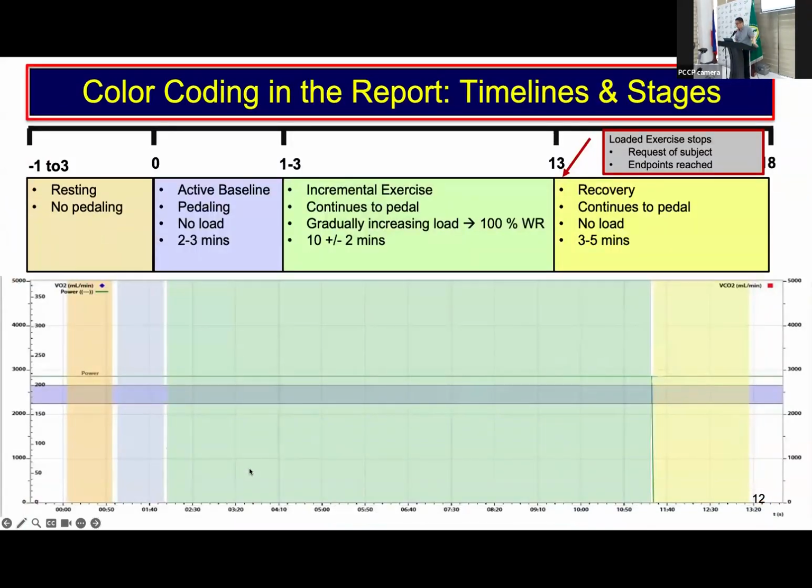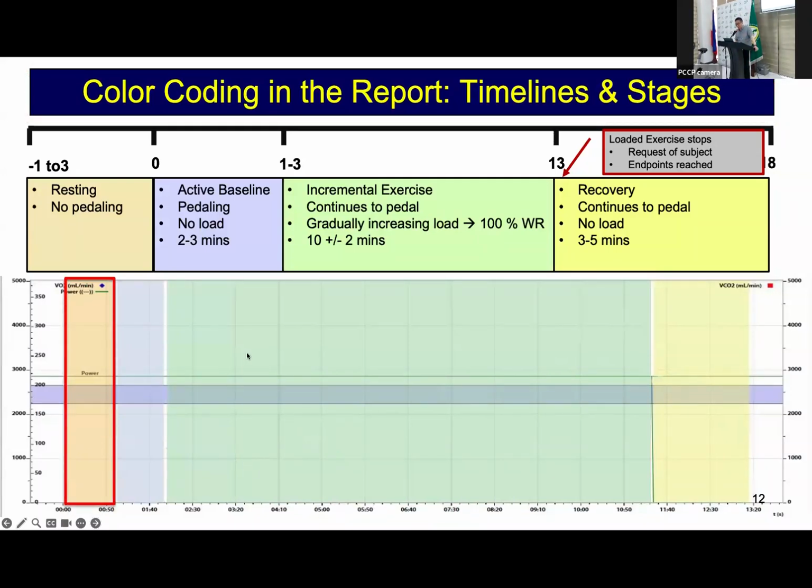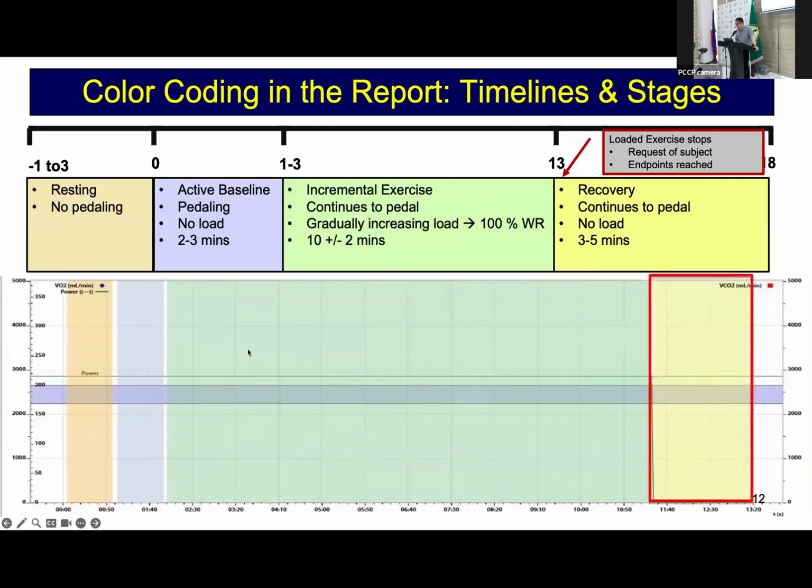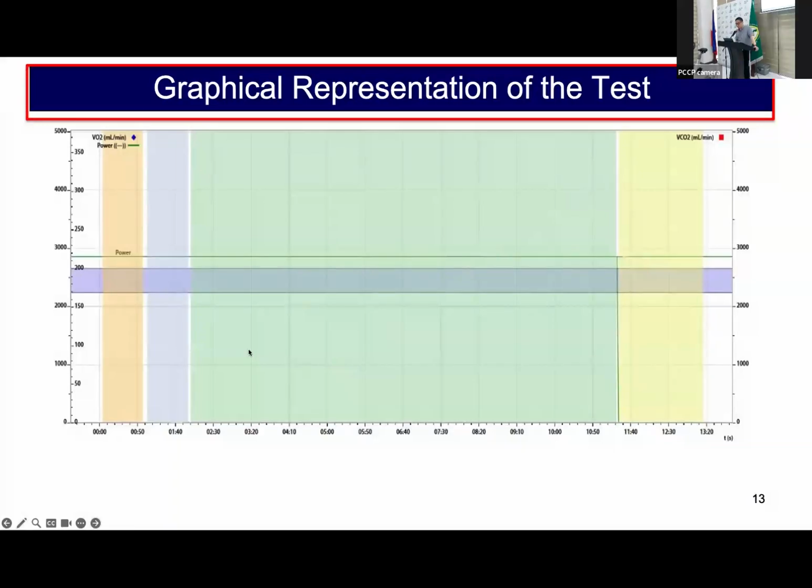Okay, so in this COSMED CPET, the report is color-coded. So you have the resting, you have the active baseline, you have the incremental in green, then the recovery will be in yellow.